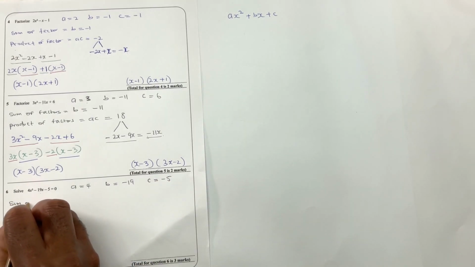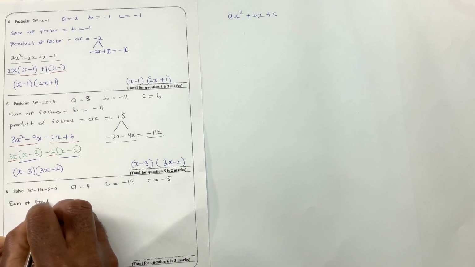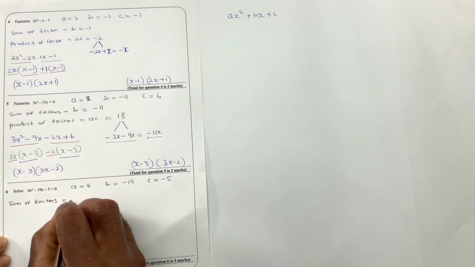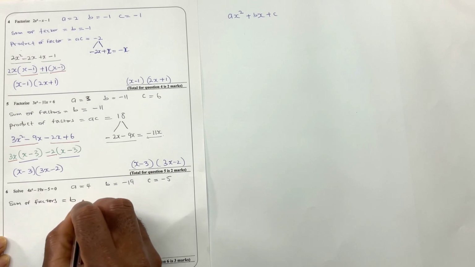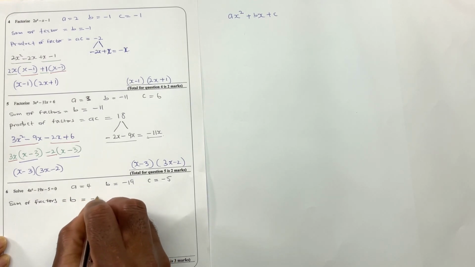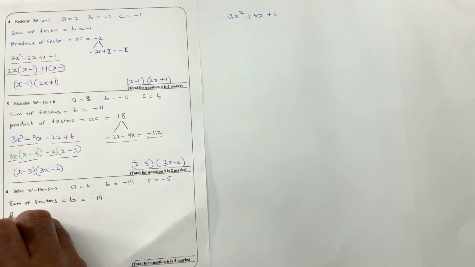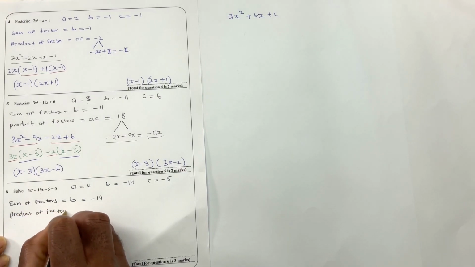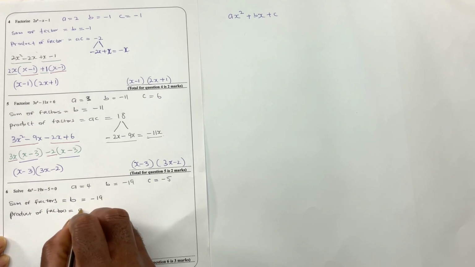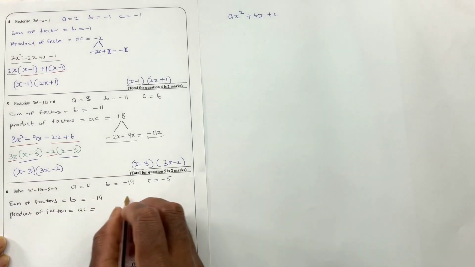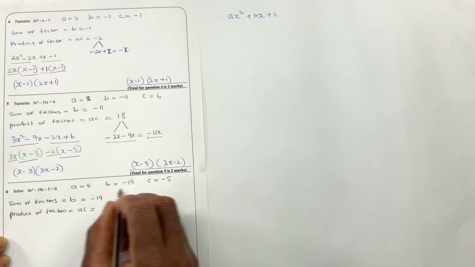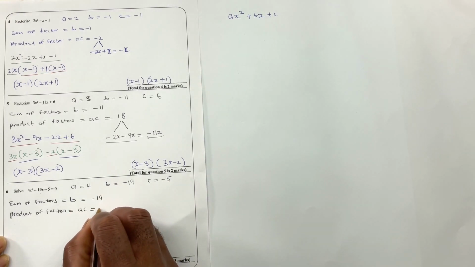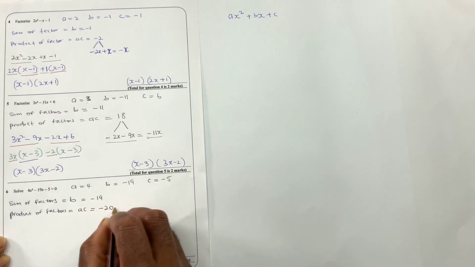Sum of factors equals b, and that equals minus 19. Product of factors equals ac, and that equals minus 5 times 4, which is minus 20.